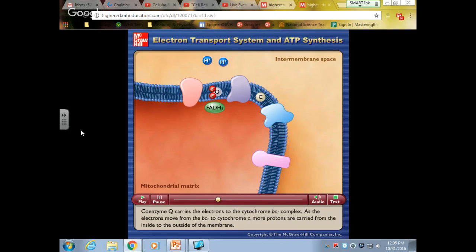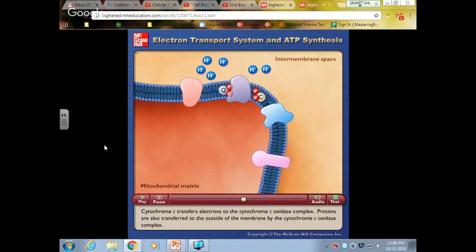Coenzyme Q carries the electrons to the cytochrome BC1 complex. As the electrons move from the BC1 to cytochrome C, more protons are carried from the inside to the outside of the membrane. Electrons are also transferred from FADH2 to coenzyme Q, with the protons being transferred across the membrane.